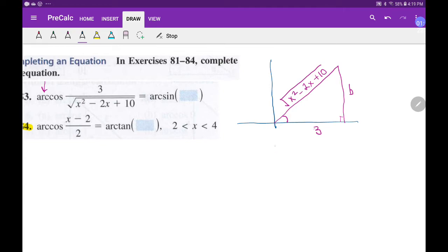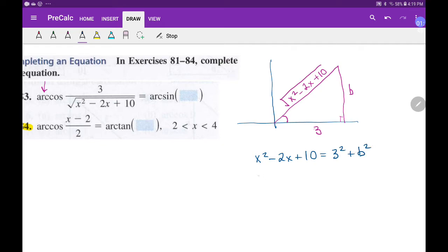So c squared, the hypotenuse, in other words, x squared minus 2x plus 10, that's the hypotenuse squared, I just take away the radical, is equal to the other two sides squared and added together.